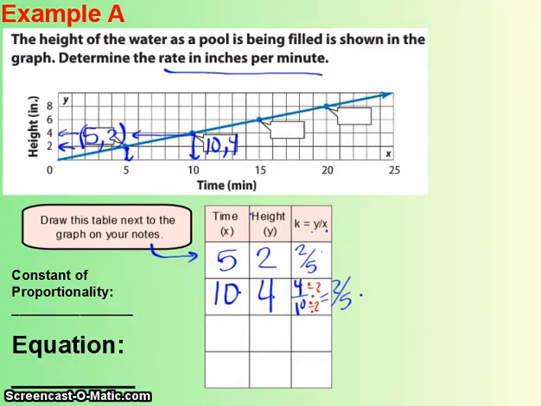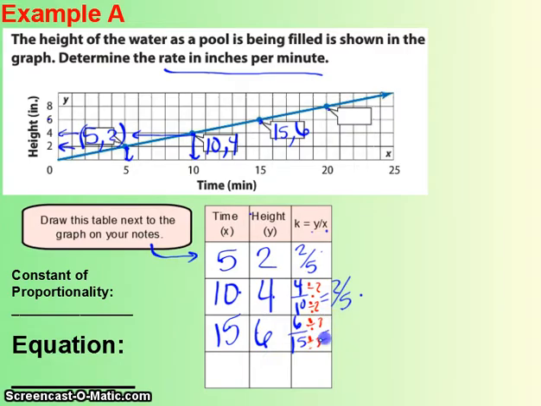Let's check the last 2 points. Okay, so this is 15 comma 6. So 15 and 6. And I want to do my y divided by x. Okay, and then simplify it. I can divide both of these by 3.